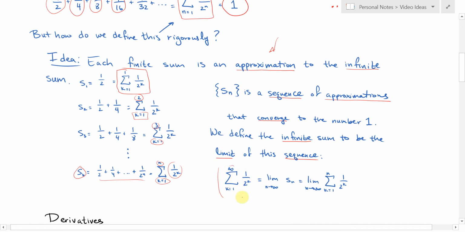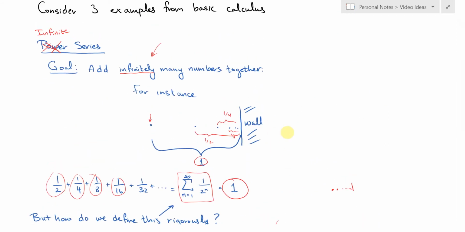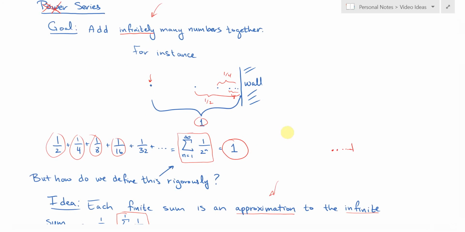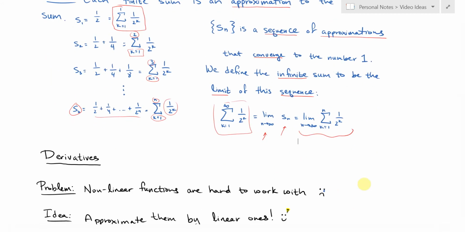The infinite sum is officially defined to be the limit as n runs to infinity of this sequence S sub n, which again is given by this formula here. Alright, so we can define infinite series by defining these finite sums. That gives us a sequence, we ask whether or not it converges, and if it does, we take the limit, and that's what we call the infinite sum.